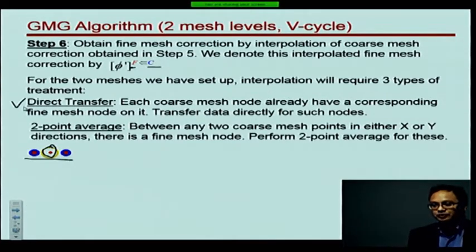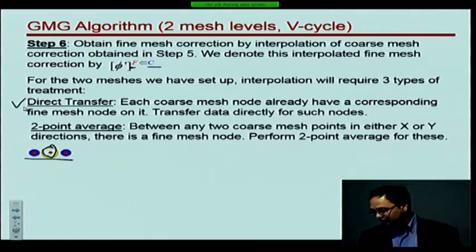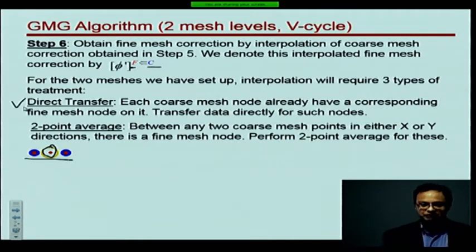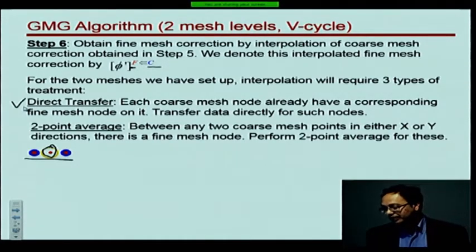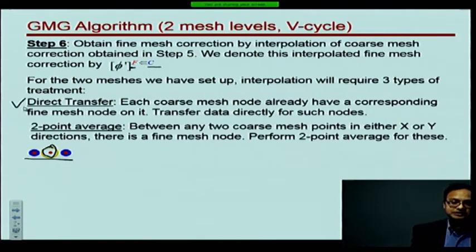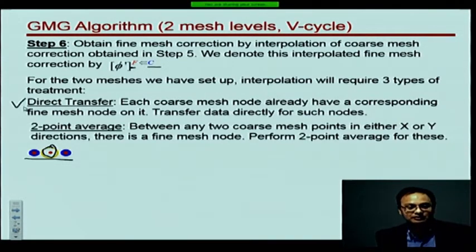Now with equal spaced meshes that you will typically use for your homework, all you have to do is just do an average. It's 1/2 this plus 1/2 that. But in general, if that's not the case, you would have to do a distance weighted interpolation. Which is what people typically do for non-uniform mesh.